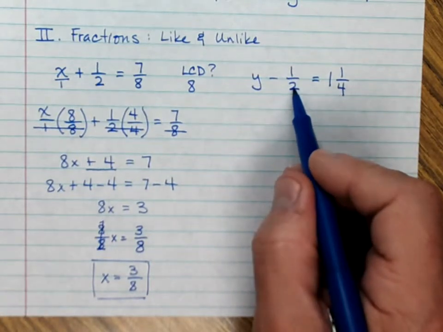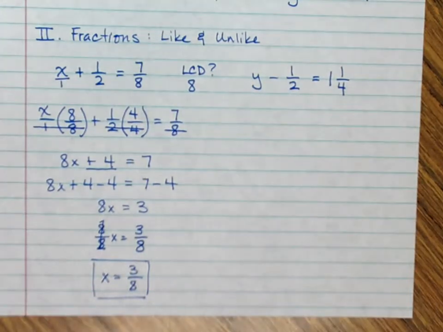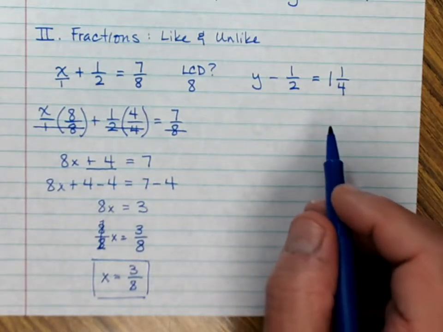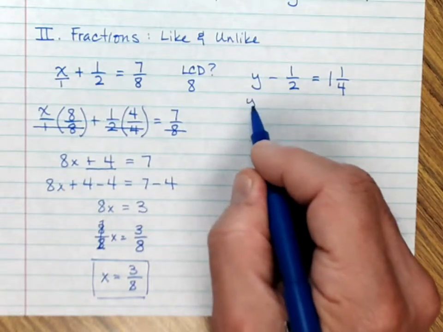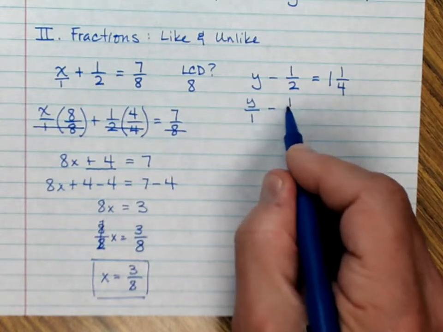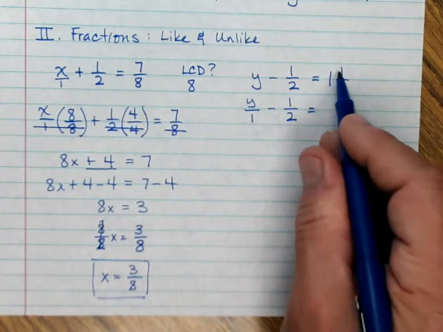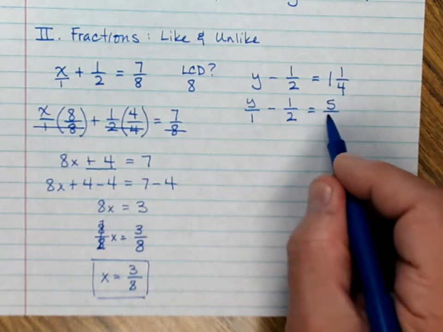We have negative 1/2, excuse me, and then we have a y, which also has a denominator of 1. So let's make everything a fraction, whether that fraction is improper or not. So this is y over 1 minus 1/2, and that's going to be equal to, when we change this to improper, 4 times 1 plus 1 is 5/4.